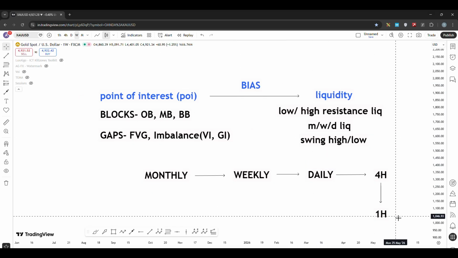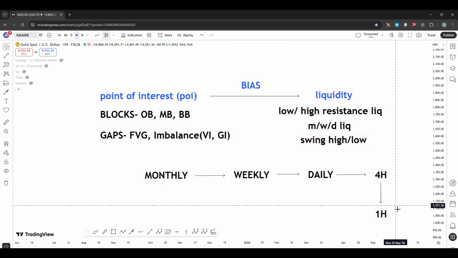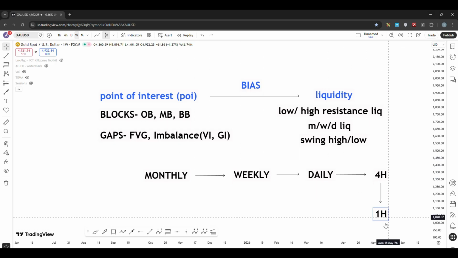So these will be the time frames that we will be watching, and you will see when you do the multi-time frame analysis how simple, how easy it becomes to understand the market intent, where it is and where it wants to go next. So this becomes so easy that you have already found your bias of the market, so 50% of your work is already done. Now you just have to execute the trade.